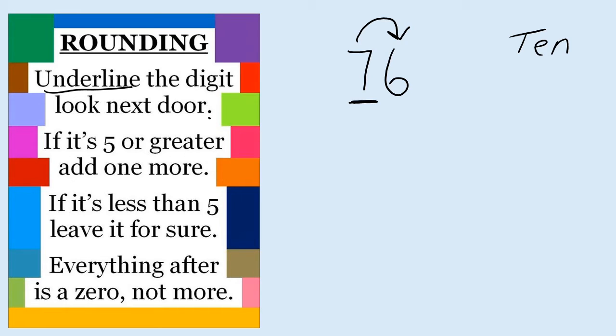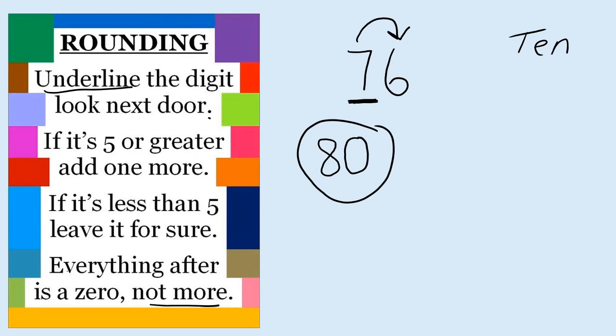Now if I look next door, 6 is greater than 5, which means that yes, I need to add 1 more. So my underlined digit, 1 more, 7 becomes 8. Then it says: everything after is a 0, not more. So 76 gets rounded to 80.